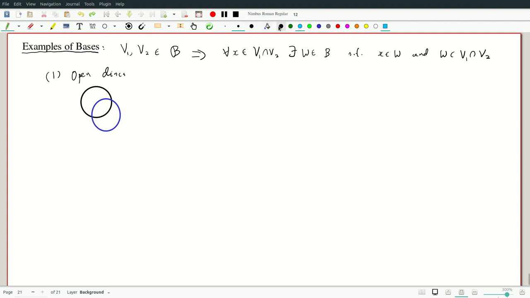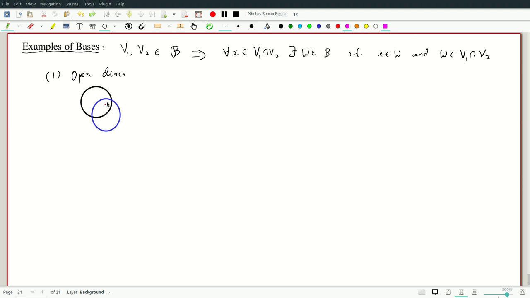So if I'm given a point here in red, this is the one which I have to, and so this is the point x in the intersection. Then I can draw an open disk, I'll draw it a little thinner in this color.